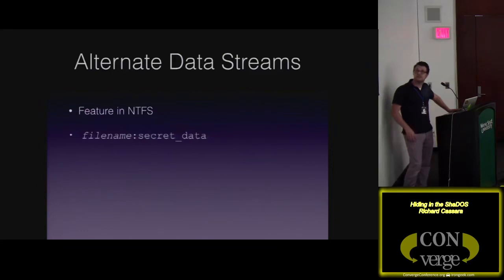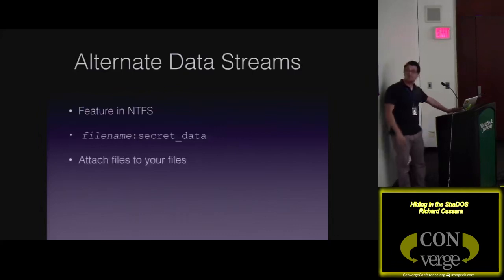This can be accessed from the command line: you take your file name, put a colon, and then, if you know the name of the stream, put it after that, and you access that stream. So basically you can use this to attach files to your files.